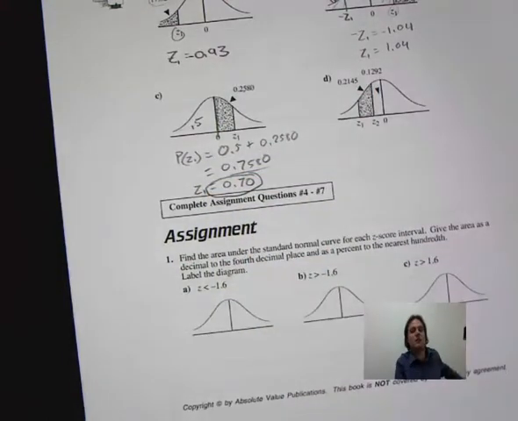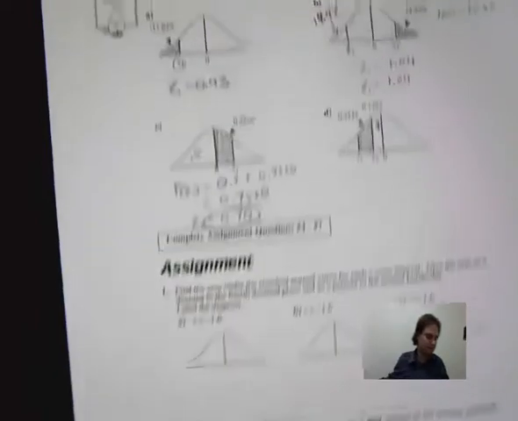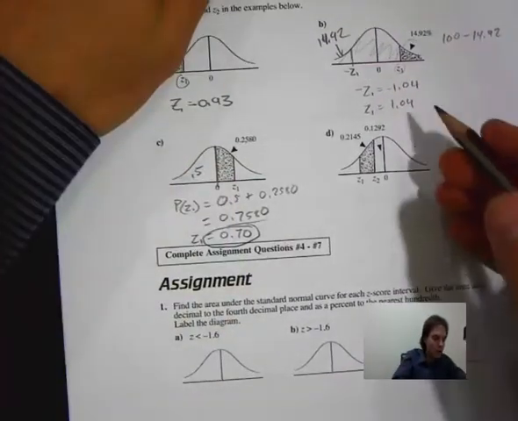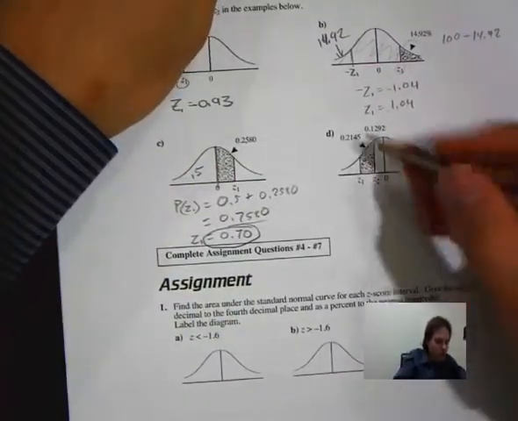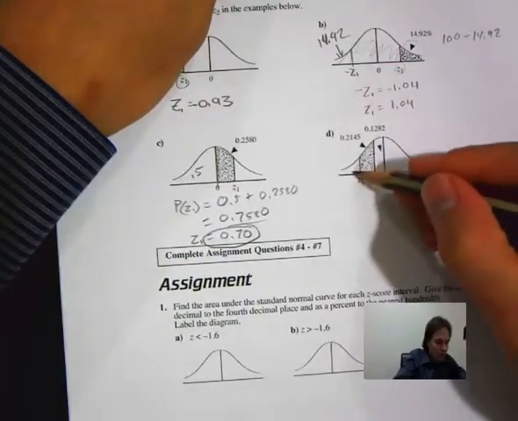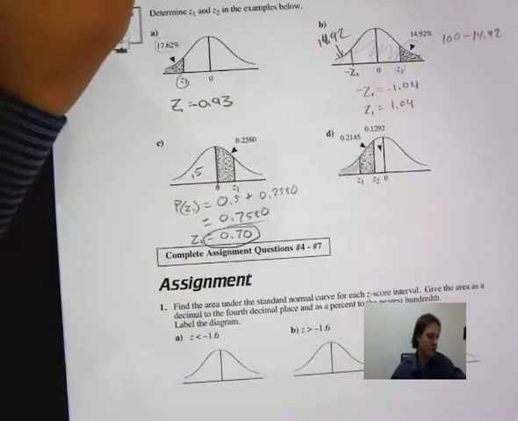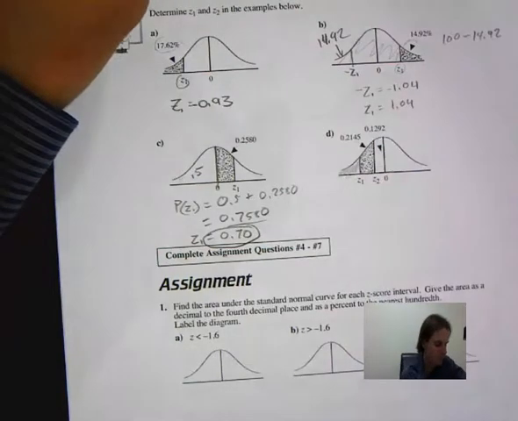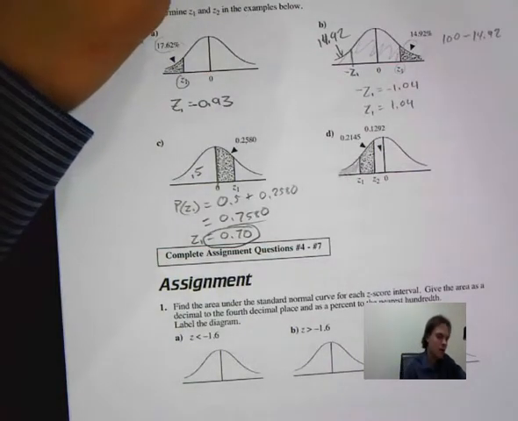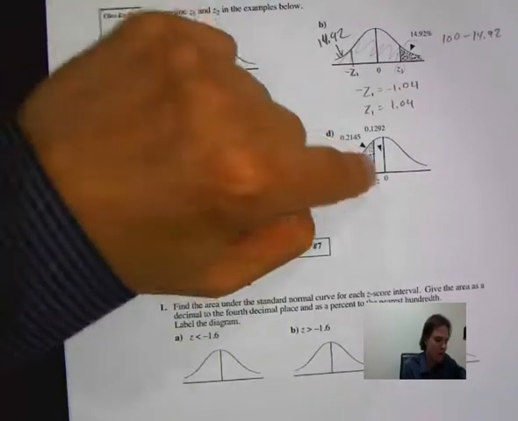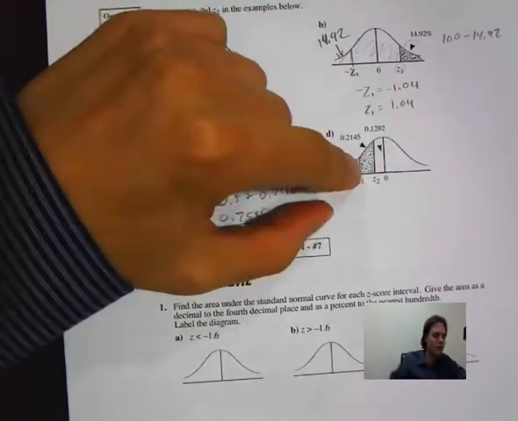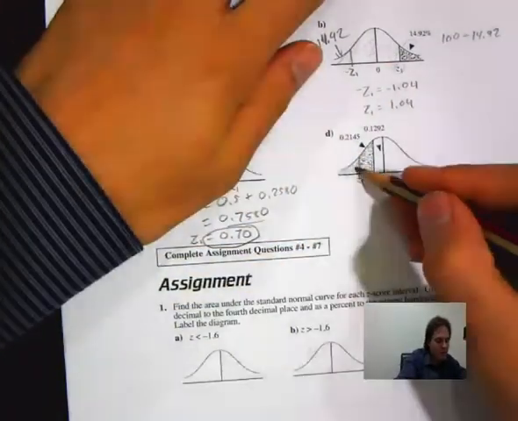Last one here is a tricky one. Okay, so first of all, I can figure out what Z1 is, right? It's everything less than that. If I can figure out that, maybe that'll help me find out Z2. So Z1 is everything less than that.